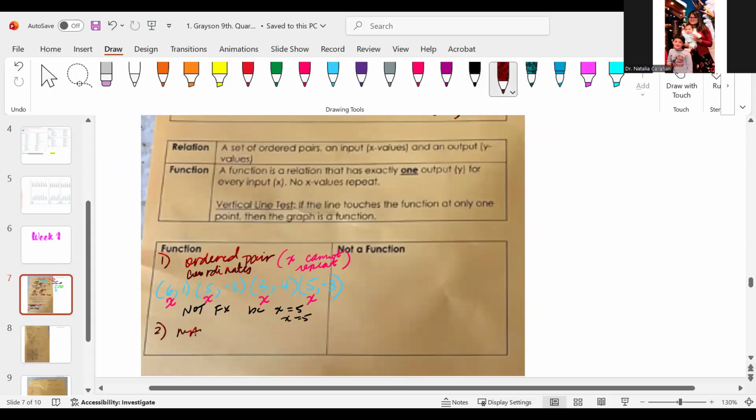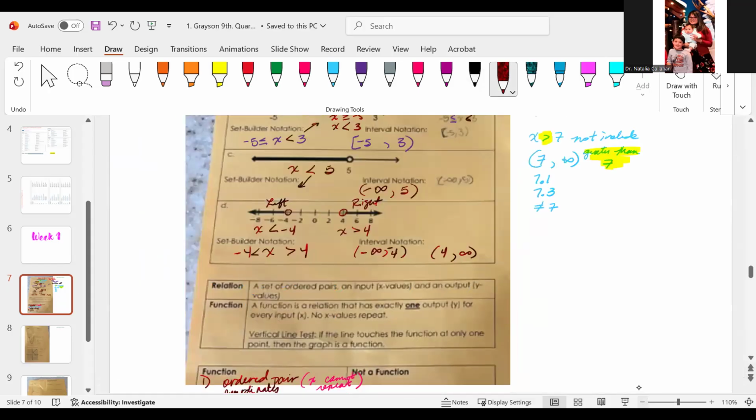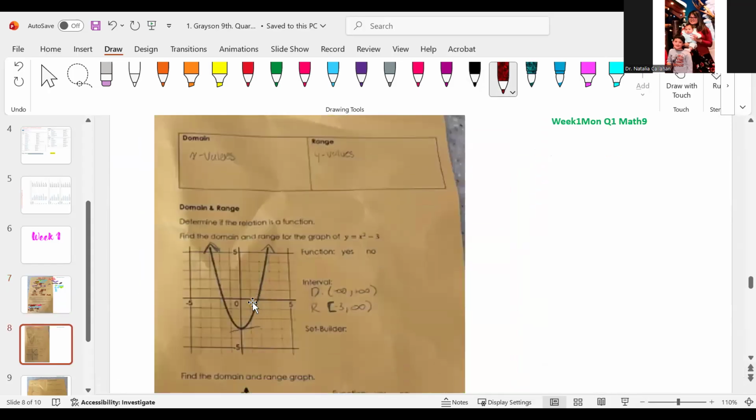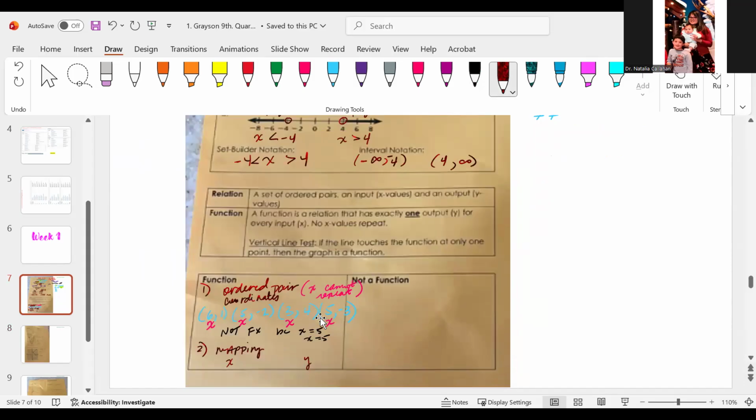Second one is with mapping. X, Y. And then we have, let's say, 3, 4, 8, negative 1, negative 2, negative 3.